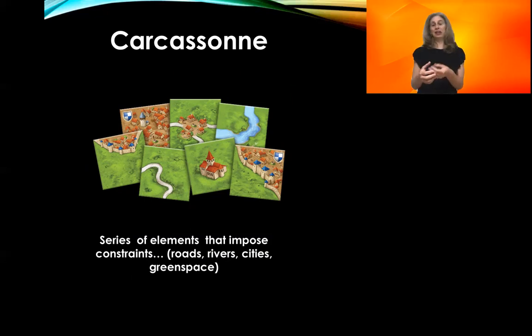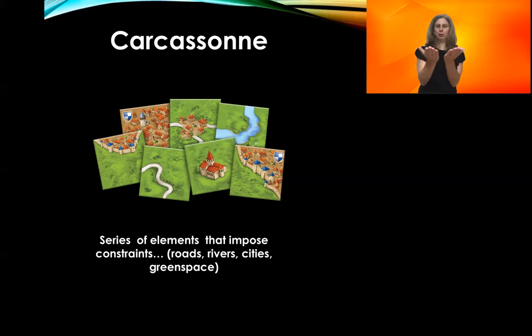There are tiles that contain bits of river and tiles that contain important buildings like churches. And so what happens is that you have a table and you put down a tile, and then the next person can put down a tile, but it has to be a legal play in that you can't have a road fragment crashing into a city fragment with no road leading up to it.